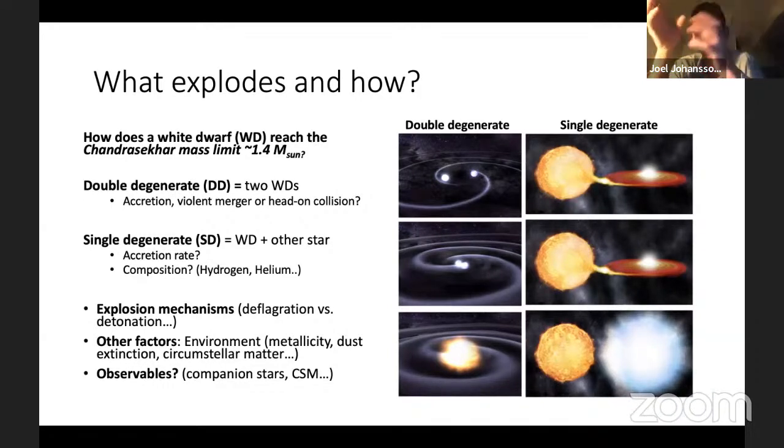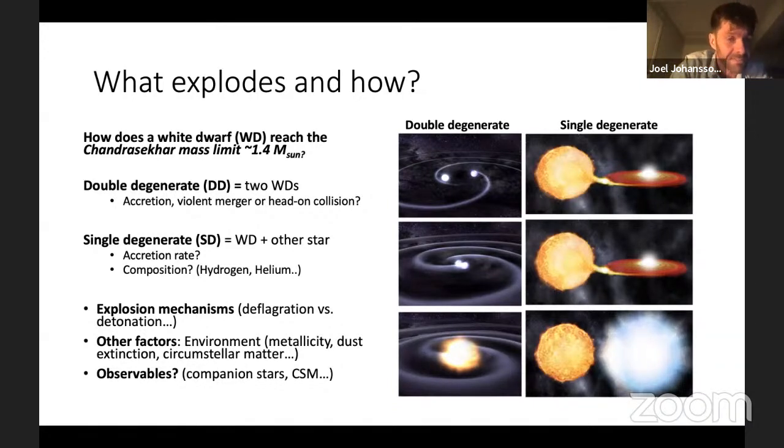And then the question is, how does it reach this critical mass? Is it due to some sort of merger or collision between two white dwarfs, which is known as the double degenerate scenario? Or is it the single degenerate scenario where you have a white dwarf that is more or less slowly accreting matter from another companion star, a main sequence star or some other massive star?